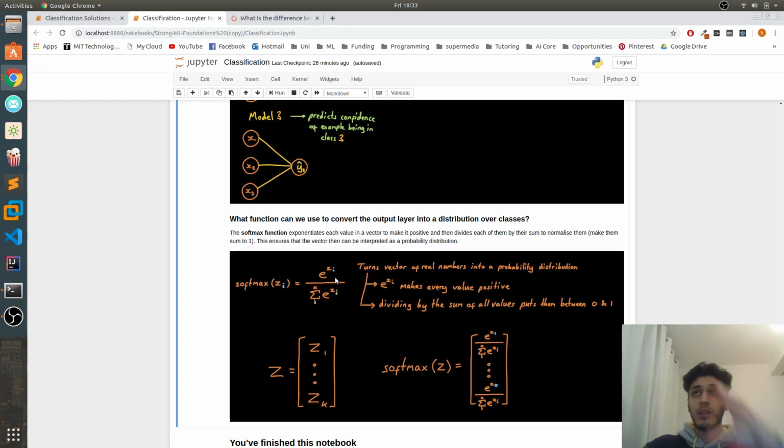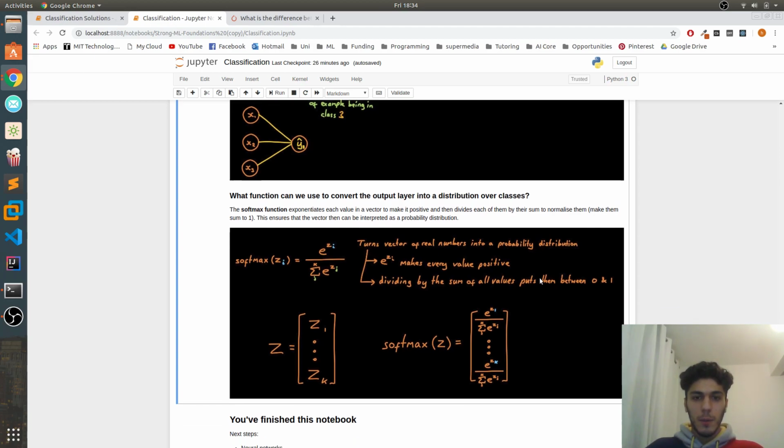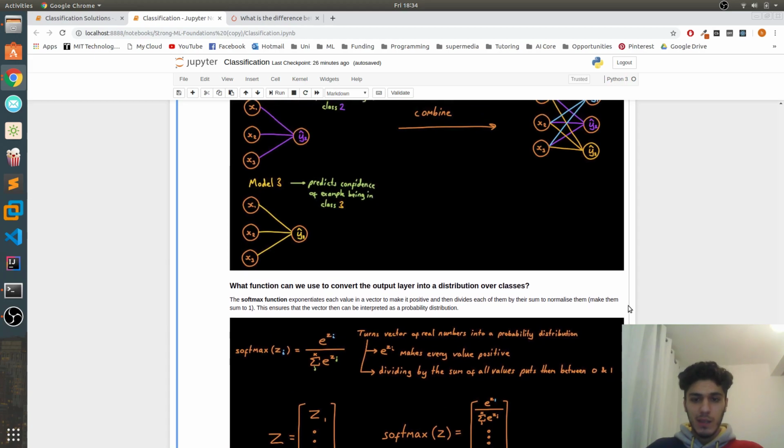We exponentiate every output, and then we divide them by the sum of all of that. Each output should be within the range of 0 to 1, and they should all sum up to 1. Okay, that's basically it.